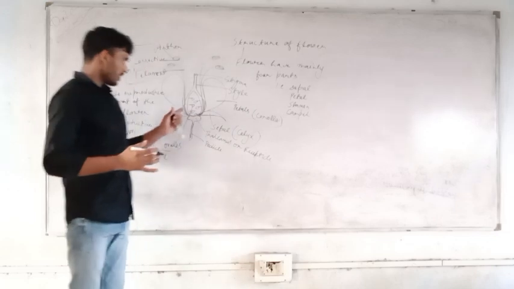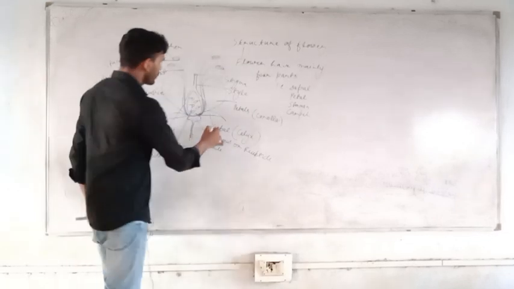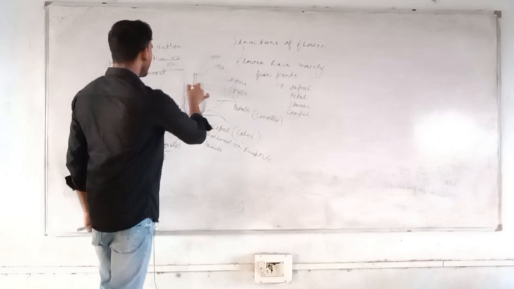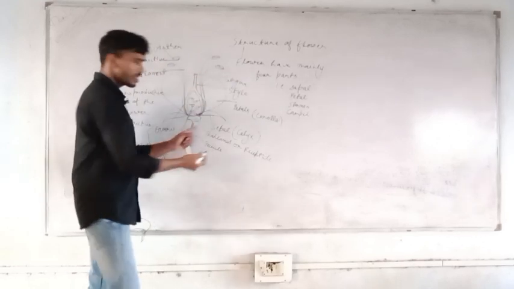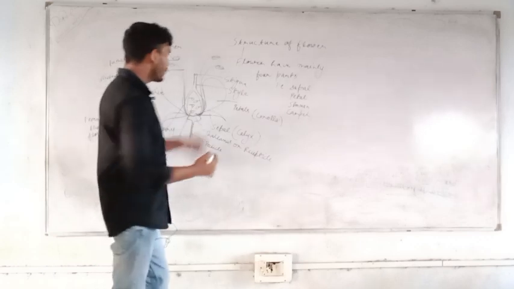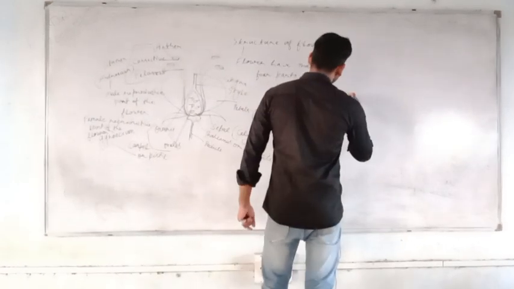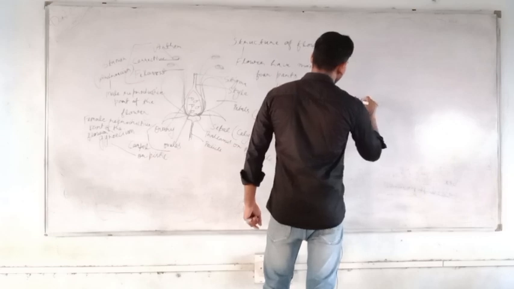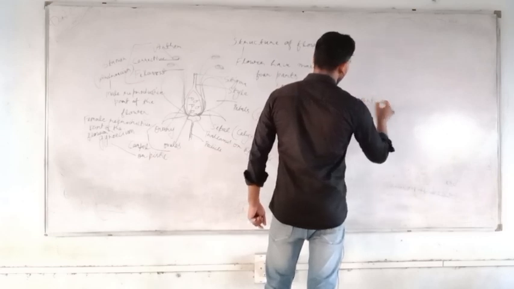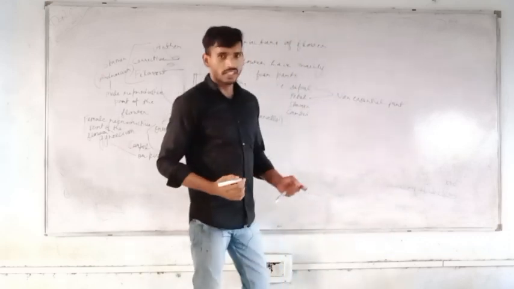So this is the complete structure of flower, in which mainly four parts: sepal, petal, stamens and carpels. Sepals and petals are called non-essential parts. Why are they called non-essential parts?